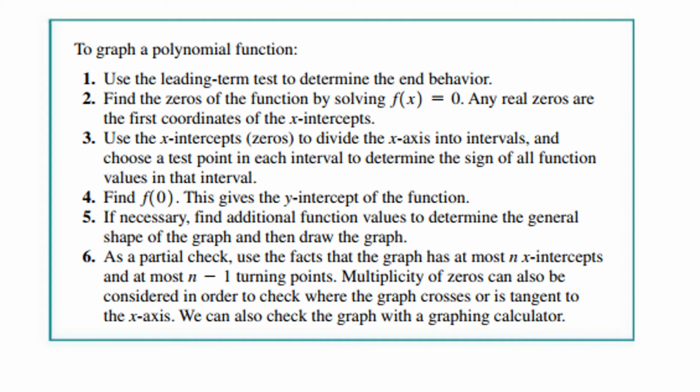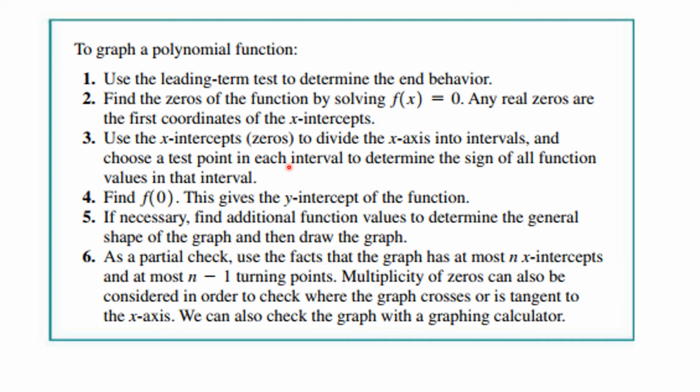Here's some general advice about graphing a polynomial. You can determine the end behavior using the leading term test, and find the zeros of the function by solving f of x equal to 0, and those correspond to the x-intercepts.